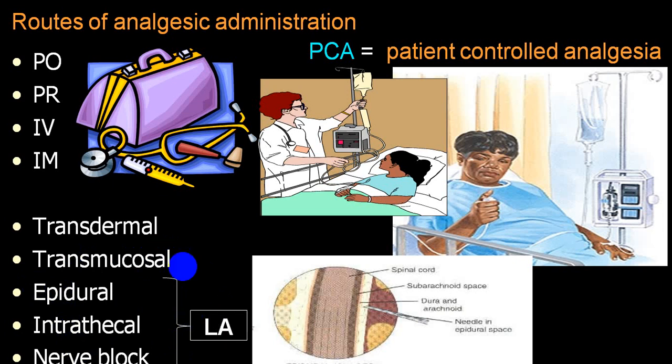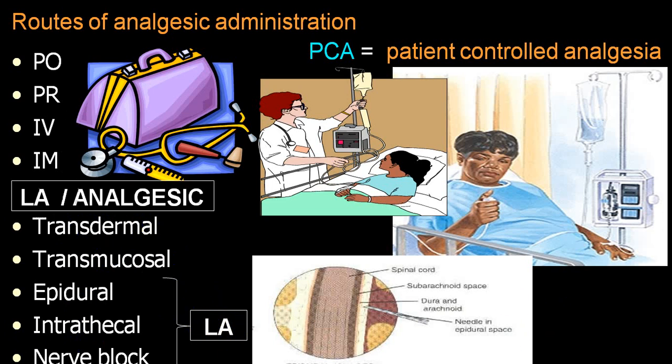These are all local anesthetics: transdural, transdermal, transmucosal, and there can be local analgesics or other drugs also. Opioids are available as a transdermal patch also, and transdermal patches also exist for local anesthetics. So local anesthetics and analgesics may be available in the form of transdermal, transmucosal, per oral, per rectal, IV, intramuscular, etc.